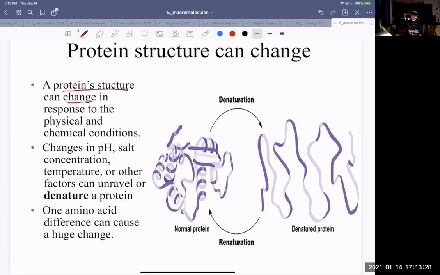So it just changes a little bit in response to chemical conditions, which in this case is the oxygen. But other changes like pH, salt concentration, temperature, can unravel or denature a protein. In some cases, it might not go back, but in other cases, it does. It denatures and it renatures.